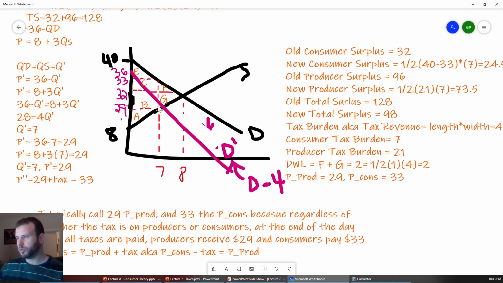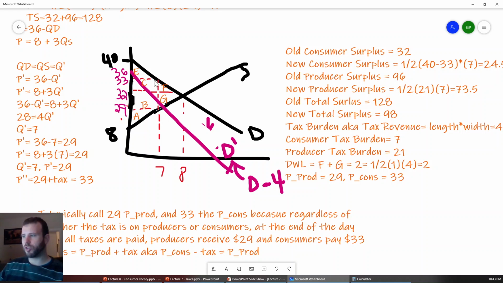So we can see that visually. With these tax questions, always graph it so that you can see that you're adding 4 to this intersection here, and not subtracting it. If you had found P prod, the price that producers receive, and you added 4, you would have done something wrong.